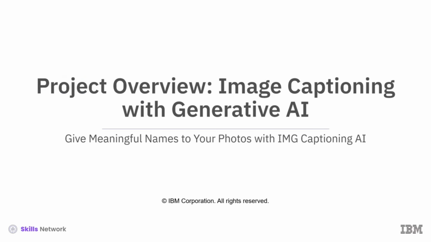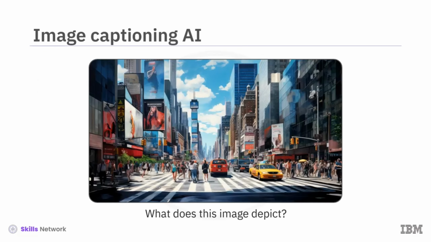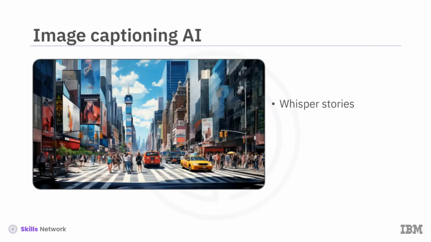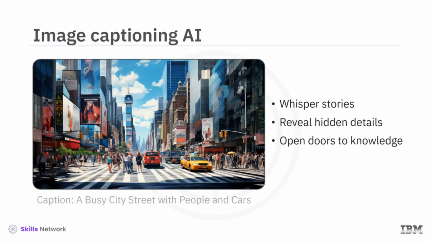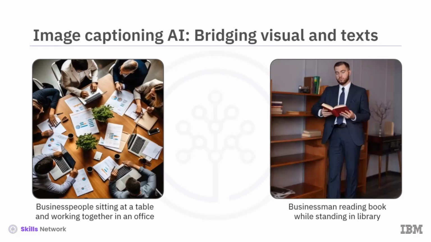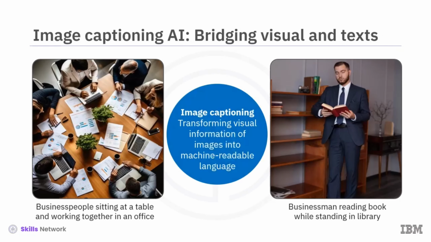Welcome to the overview video for the project Giving Meaningful Names to Your Photos with Image Captioning AI. Imagine a world where images are not silent. They whisper stories, reveal hidden details, and open doors to knowledge, all thanks to image captioning AI. Image captioning AI enables transforming the visual information of images into machine-readable language.